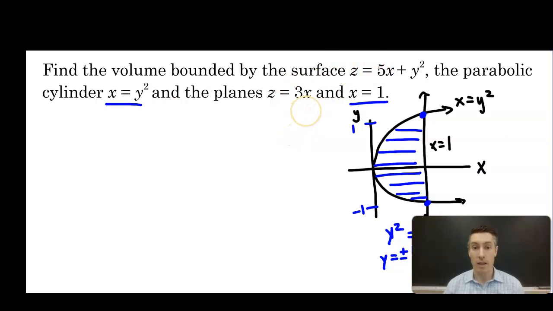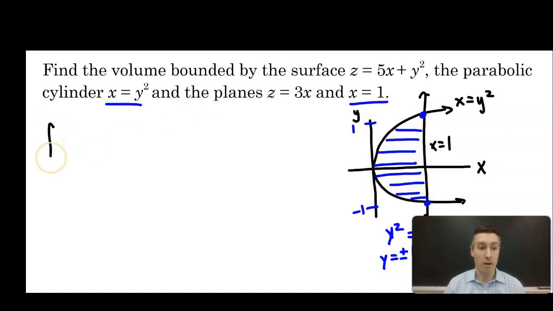So for instance, let's suppose this wasn't a closed region, we might have to find the intersection of z equals 3x and z equals 5x plus y squared. That intersection we'd draw in the xy plane and hope that it closes off the region of integration. So just something to watch for. Not every problem is going to work out as nicely as these two have.